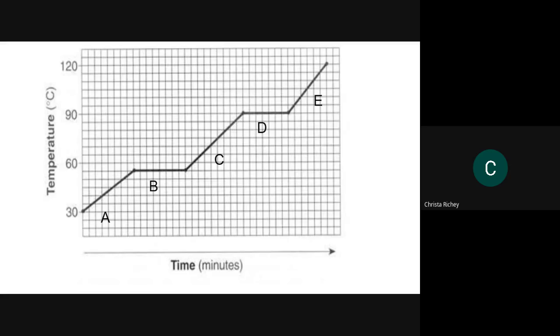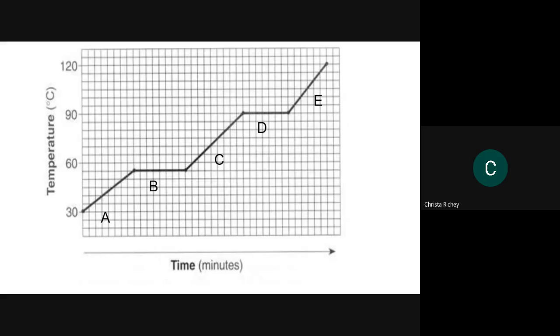Once again, this is Celsius, not Fahrenheit. So the melting point is also there. Condensation is the same as boiling. So it's going to be the same 55 and 90 degrees for number 7.